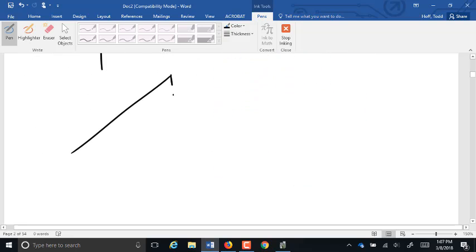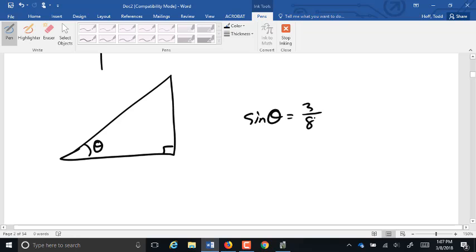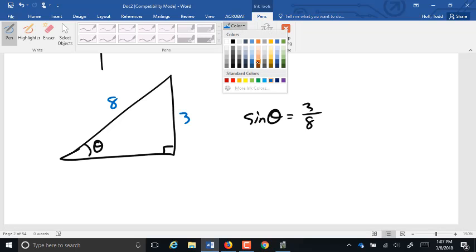What if I give you, instead of those sides, I give you the angle here and I tell you that the sine of theta is 3/8? Well, what that's telling me is the opposite side is 3, and the hypotenuse is 8. Can I find the third side?